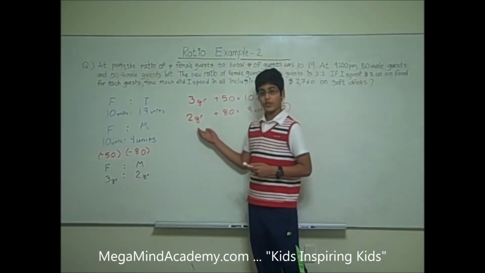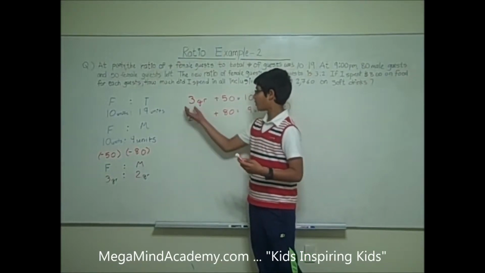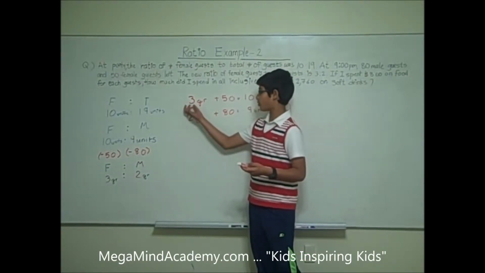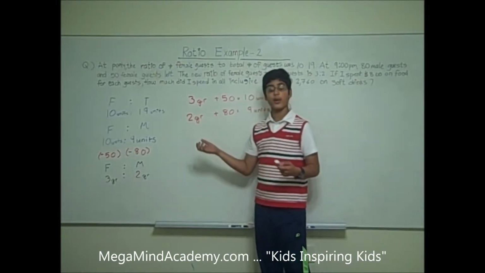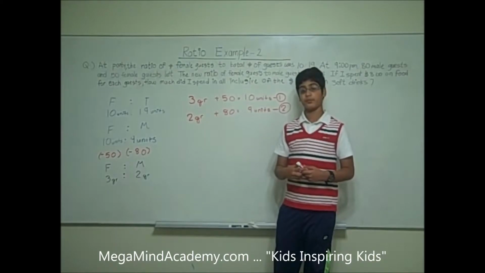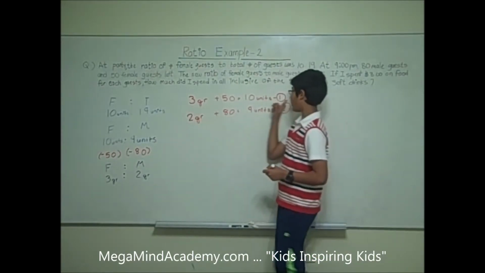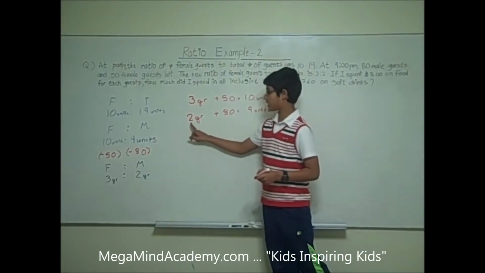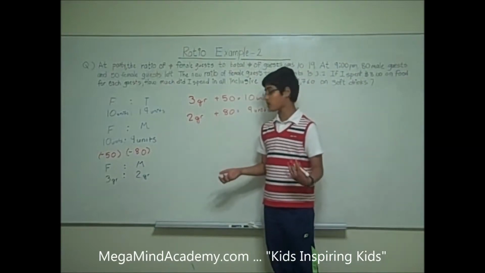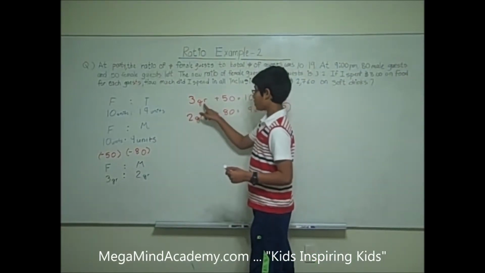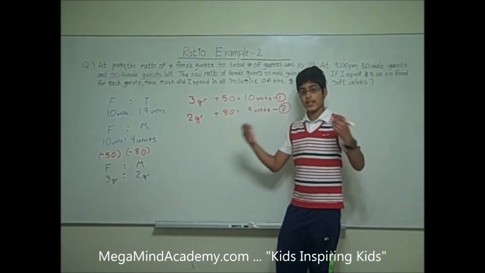To get rid of GR, we need to find the lowest common multiple of 3 and 2, because 3 is the coefficient of GR in equation 1, and 2 is the coefficient of GR in equation 2. The lowest common multiple of 3 and 2 is 6.